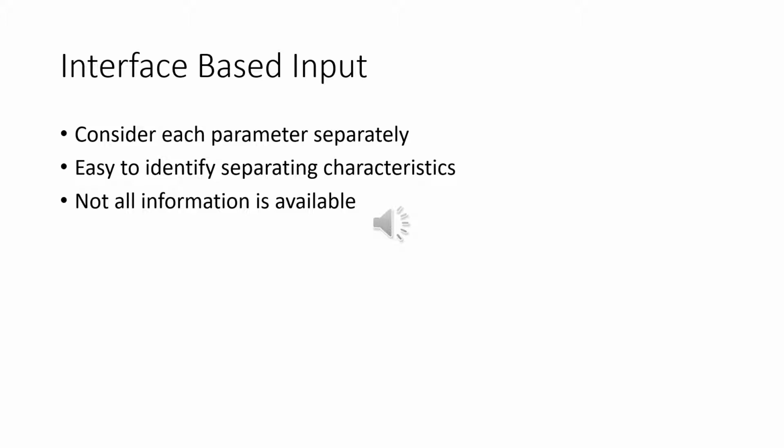We see that there are two main types of input domain modeling, the interface-based and the functionality-based. The interface-based considers how to partition things based on more visible parameters, more tangible inputs.